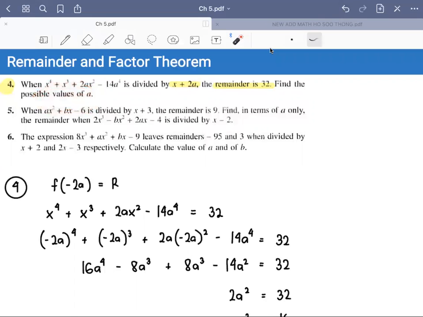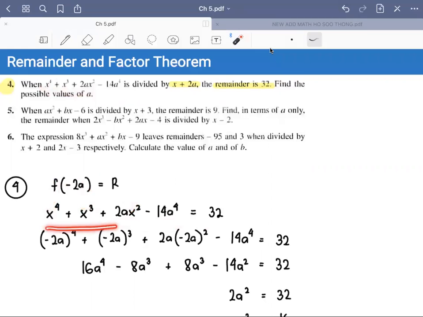Okay, so let's solve this now. Again, the function f of negative 2a is equal to the remainder. So for us to find the values of a, we need to follow this equation. Using the expression given, we need to substitute all the x terms by negative 2a, and that equals the remainder, which is 32.